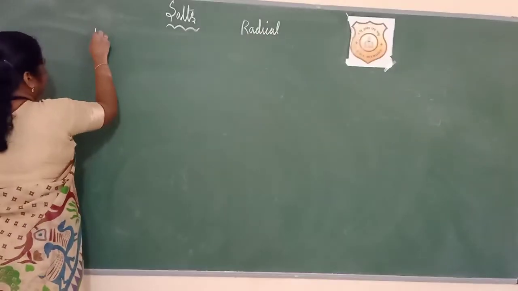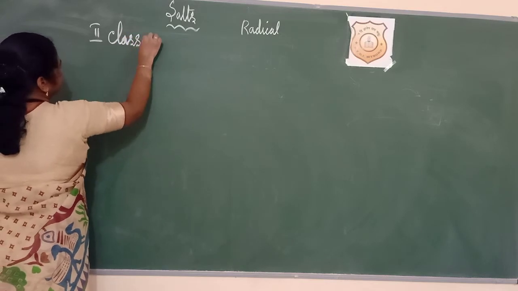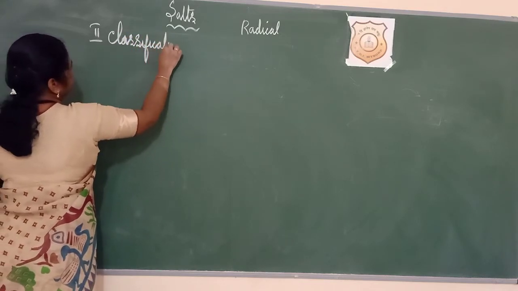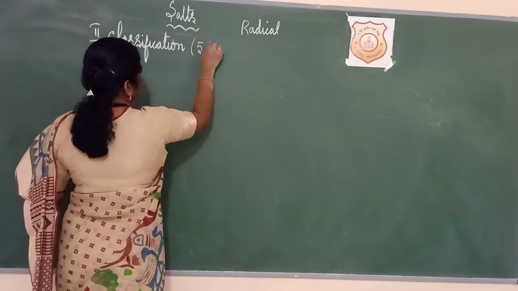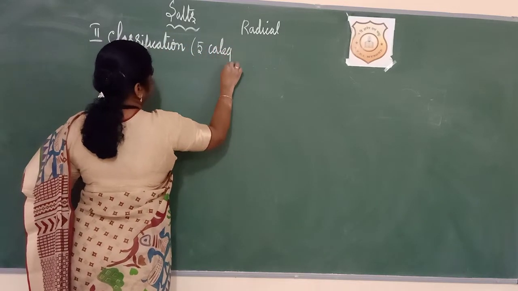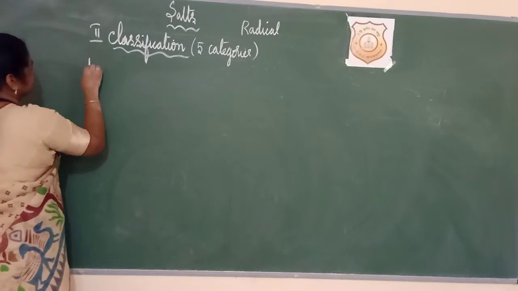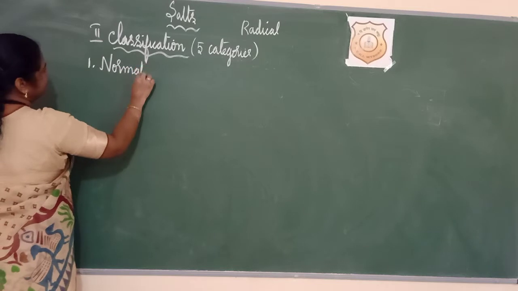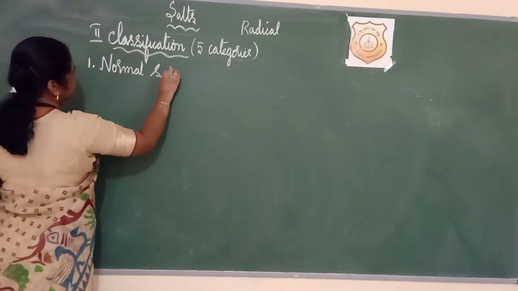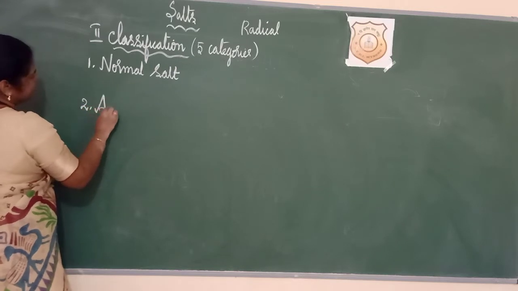Now the second part we are going to study is classification. We will see 5 categories. The first one is normal salt. By seeing the name, you will get an idea now. Normal salt. The second one is acidic salt.